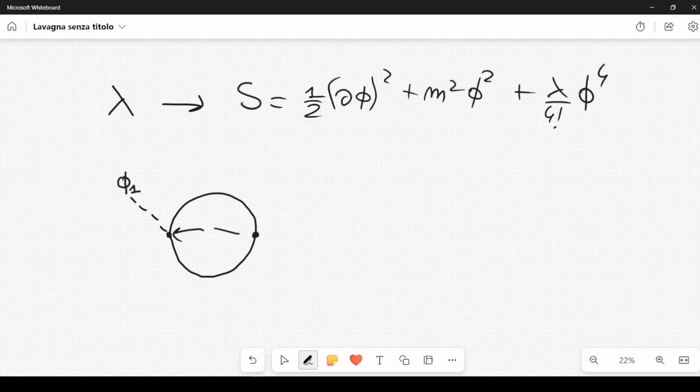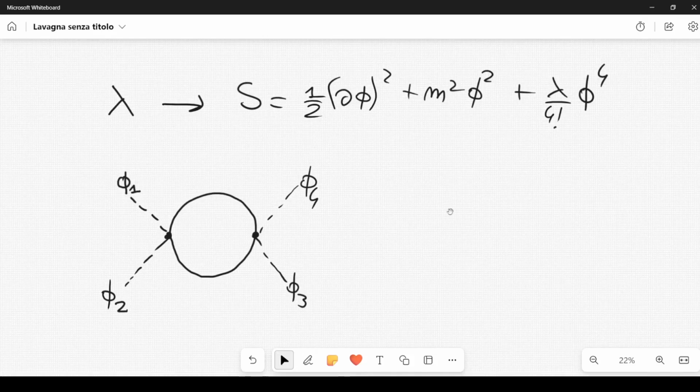Then we have two vertices, and the vertices are 4-valent. So here we have phi 1, phi 2. You can see that from the vertex we have four edges coming out. And similarly here we have phi 3, and then we have phi 4.